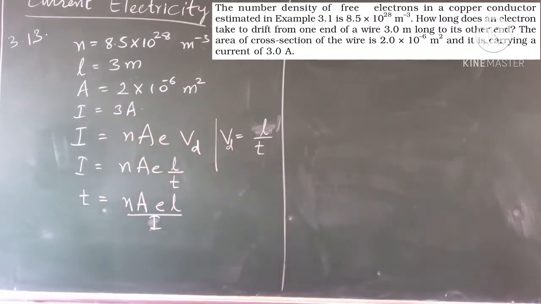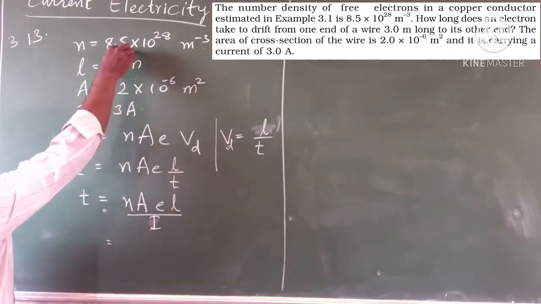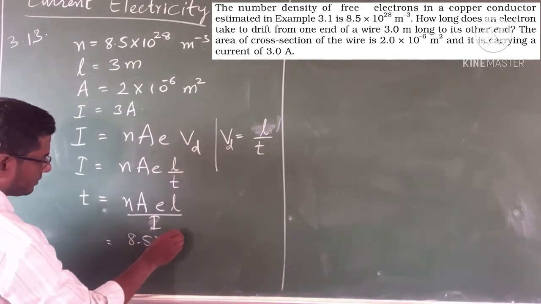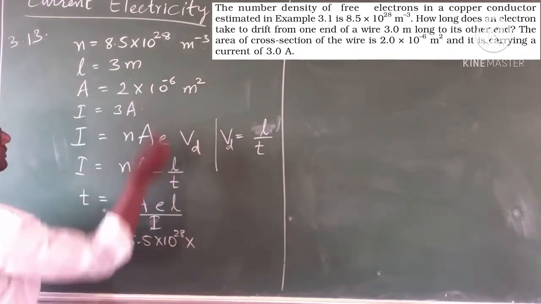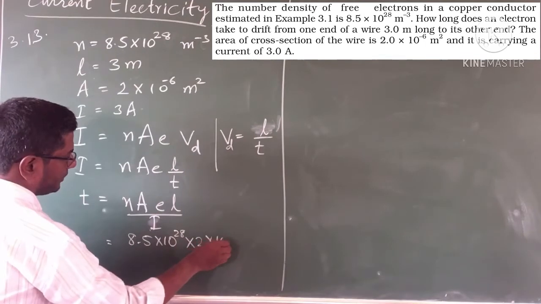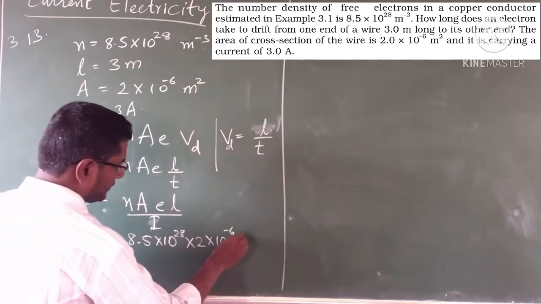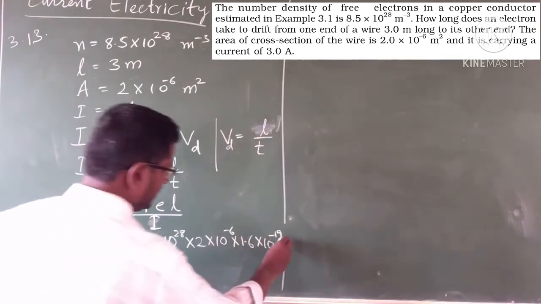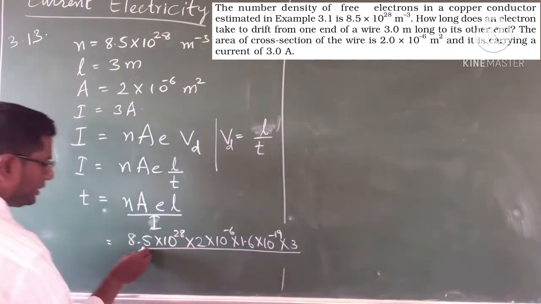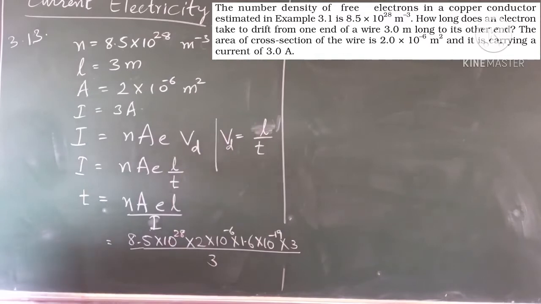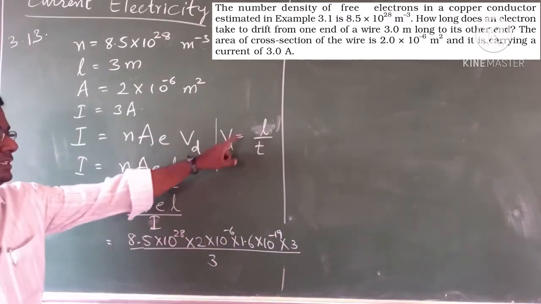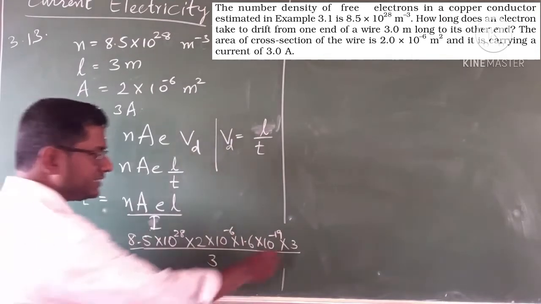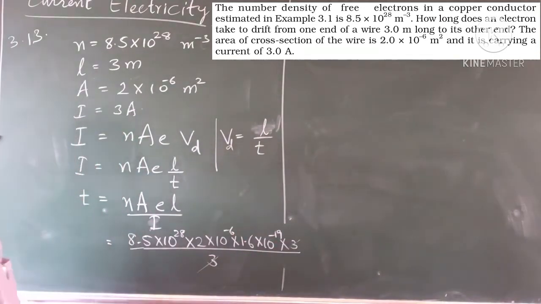Now if I substitute the values, N is 8.5 times 10 to the power of 28. Area is also given, it is 2 into 10 to the power of minus 6. Charge of electron is 1.6 into 10 to the power of minus 19, into 3, and the whole divided by the current, which is also given as 3. Why I did this is because of the cancellation I can do here. There is a 3 in the numerator and a 3 in the denominator, so I can cancel it.